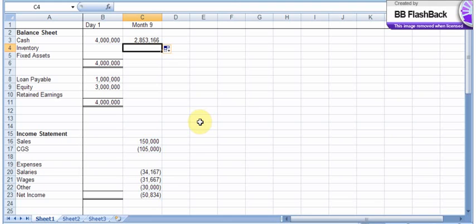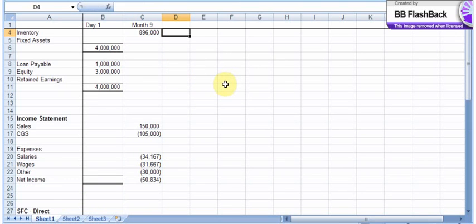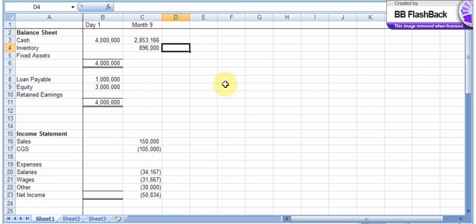So being careful of the signs, because we have negative numbers, but we want this to produce a positive number, we say equal, and we want to make this into a negative number, so equal minus this, so that will be a positive number now, plus this negative number, and we wind up with 896,000, which is the number that we want.